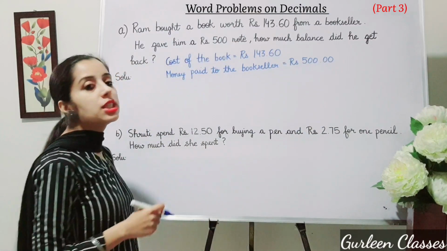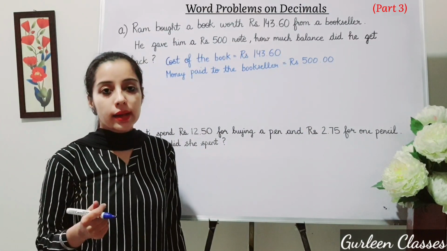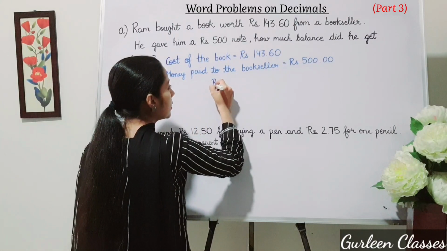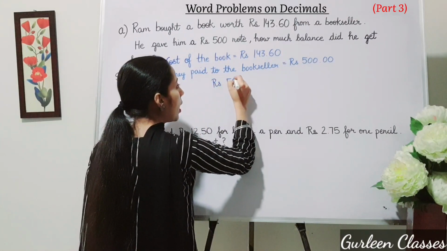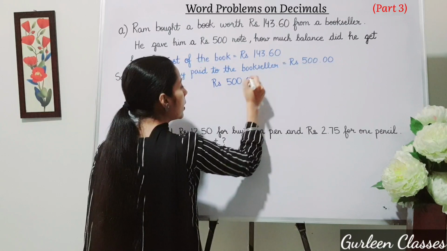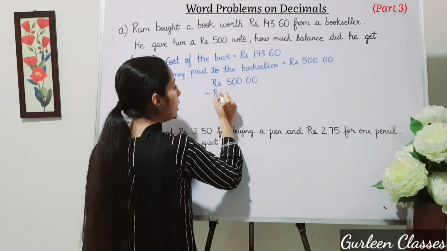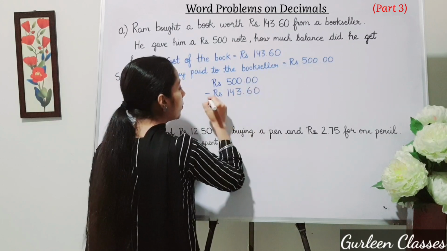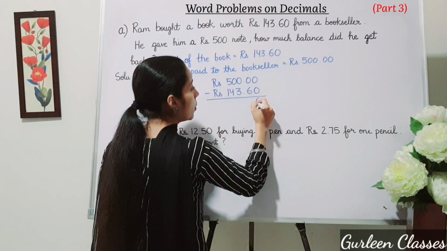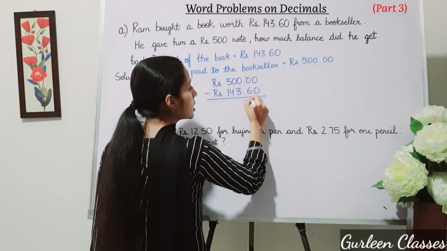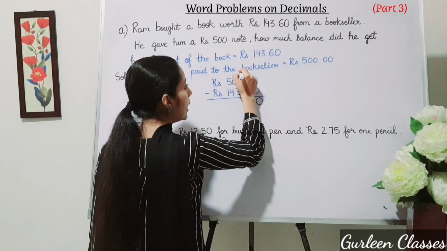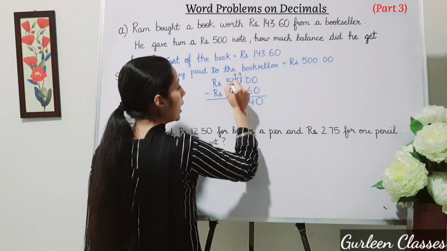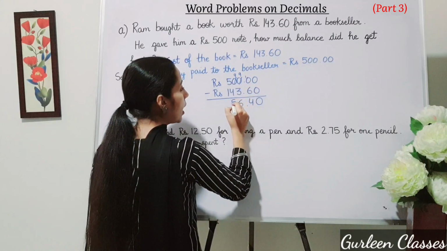So now how much balance did he get back? So we will subtract. So right here, rupees 500 minus rupees 143.60. So it will be 0. 10 minus 6, 4. 9 minus 3, 6. Then it will be 9. 9 minus 4, 5.